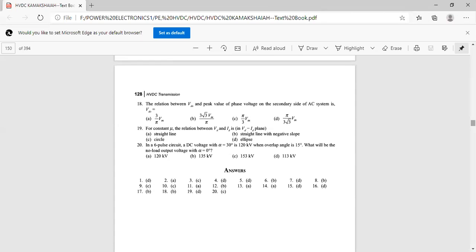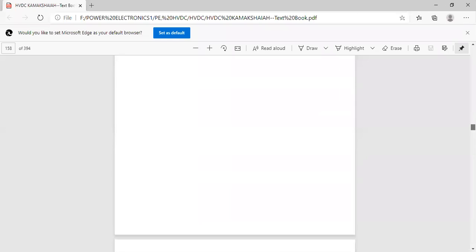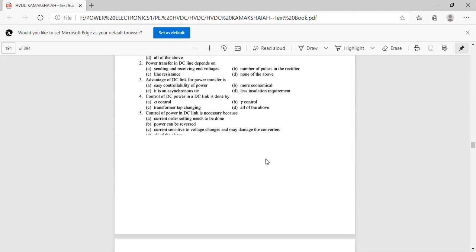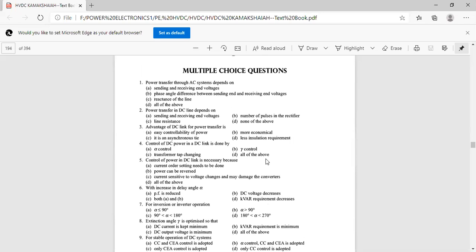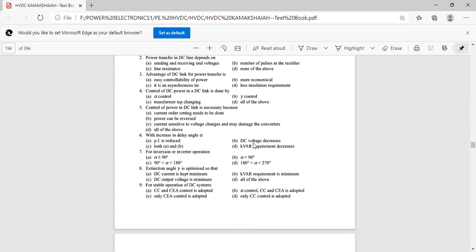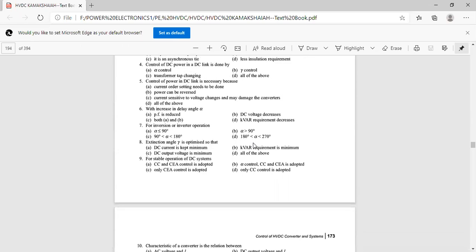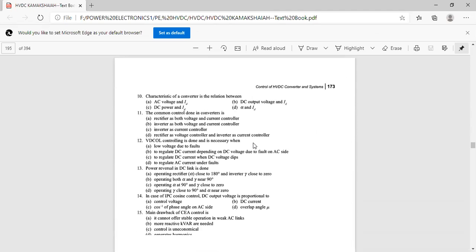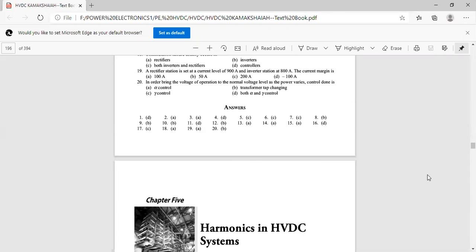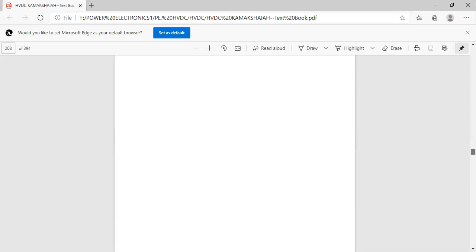Next in chapter 4 also, multiple choice questions are there. Page numbers 172 and 173. So 126, 127, 172, 173.